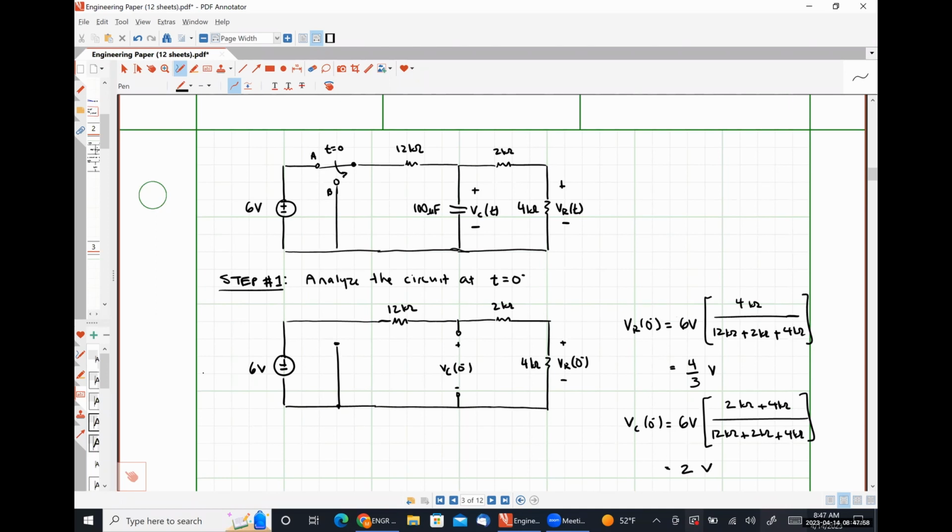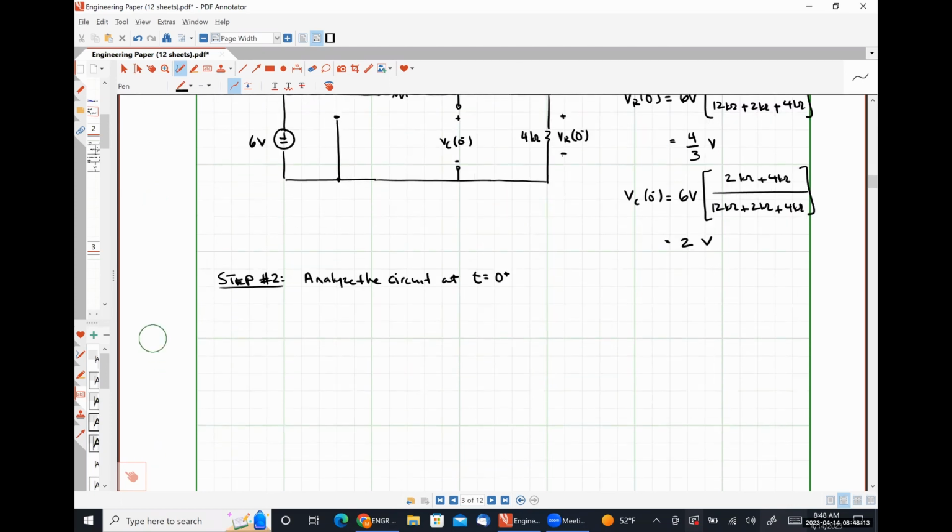So now the left leg of the 12 kilo ohm resistor is connected to that terminal B, and the 6 volt source has effectively been disconnected from the network containing the resistors and the capacitor. Okay. So we're going to have something like this. I am intentionally not drawing the capacitor right now because I want to talk about what that's going to be in a moment.